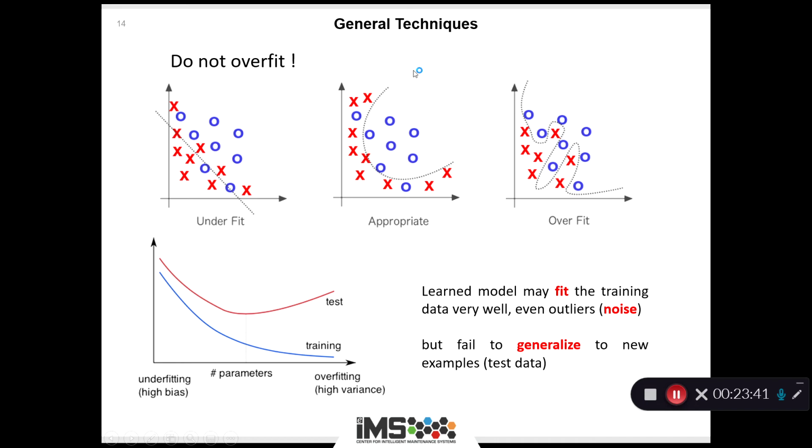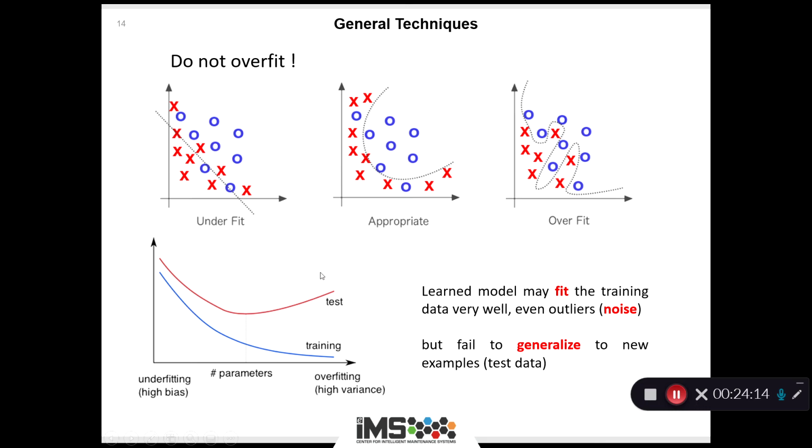If we do the decision boundary like this, it is pretty good. They are well separated, even though we have some misclassifications here, but that's reasonable because the data usually have some noise. But if we fit the data 100%, that is not good. That is overfitting. That means we may fit the noise in the data. That is, of course, not good.